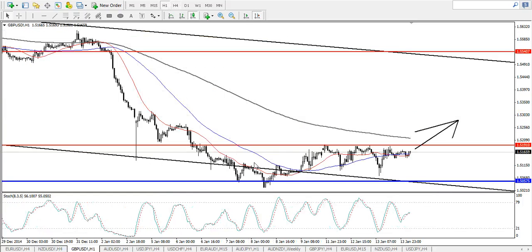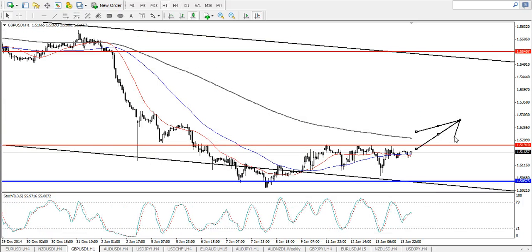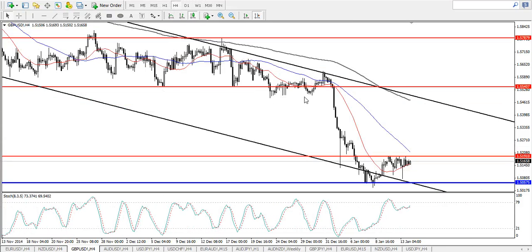And next we have the pound against US dollar. Alright, let's take a look at the 4-hourly charts. As you can see, there's a falling trend channel back then.